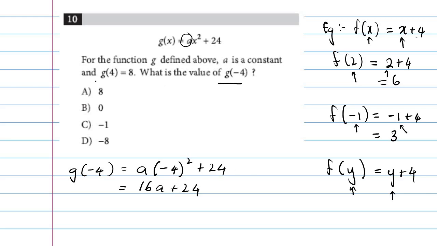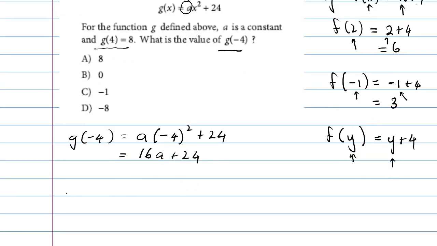But look at what they have given us already. g of 4 equals 8. Let's see what g of 4 is: a times 4 squared plus 24. 4 squared is also 16, so 16a plus 24.